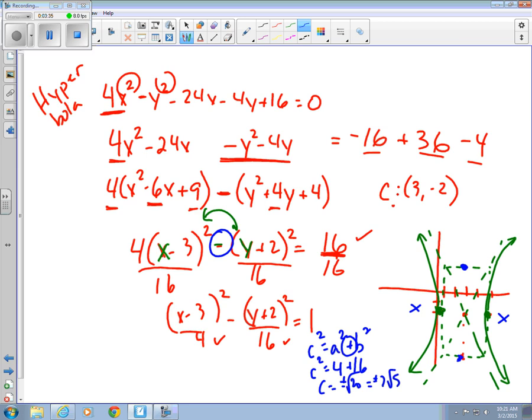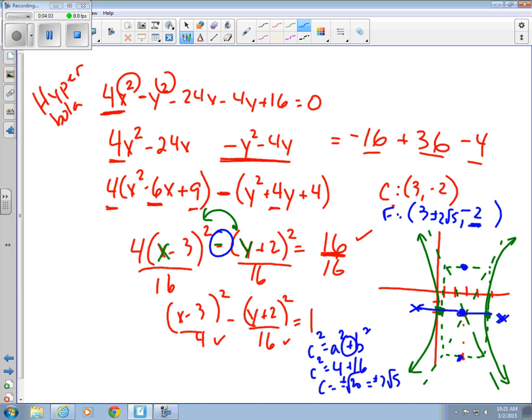Again, to find the coordinates of these foci, you start here at the center. Okay, so you start at (3, negative 2). Do you see how to go this way or this way? It's affecting the x value. This y value is going to stay the same. But from that 3, you're going to go plus 2 root 5 and minus 2 root 5. And those are going to be the two foci. Okay, so you know the center, you know the foci.